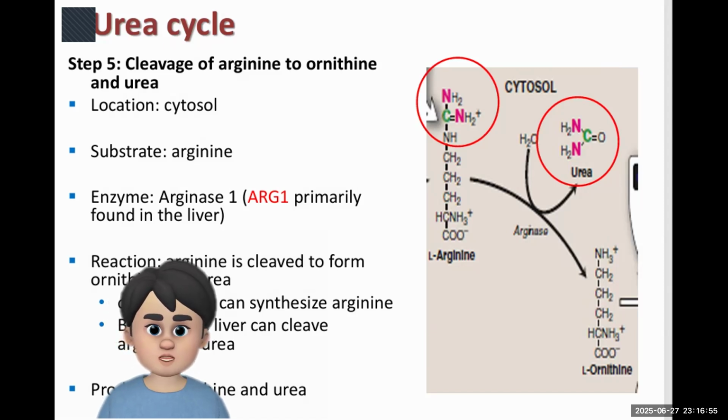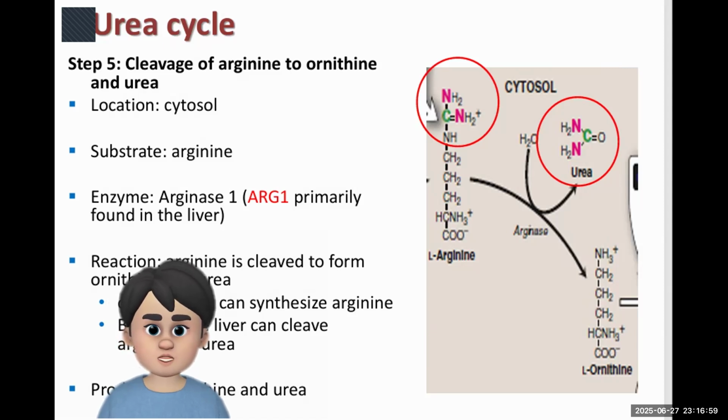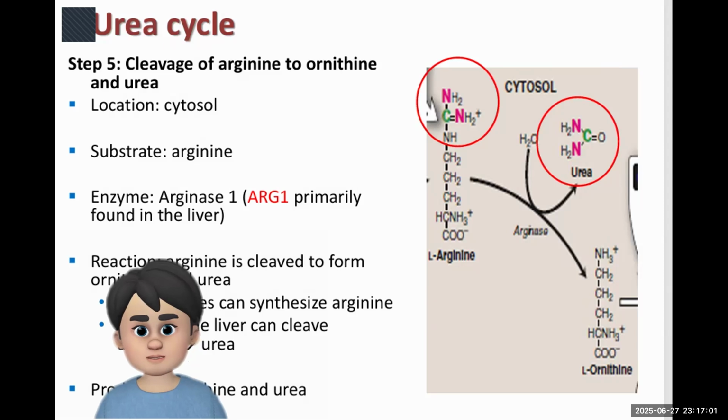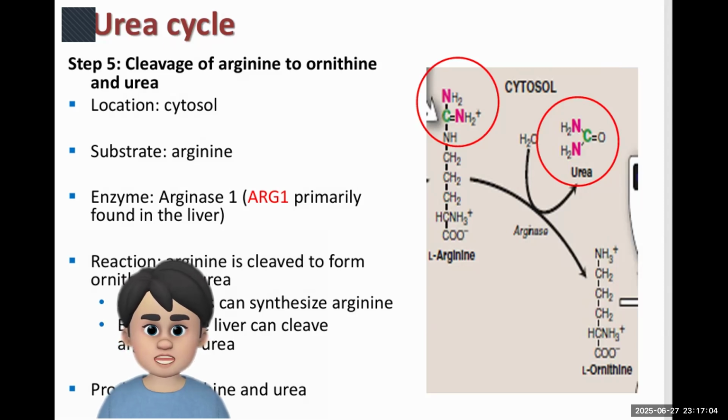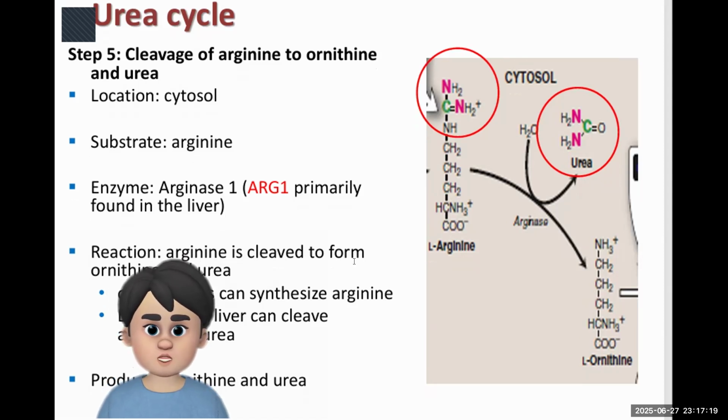In the reaction, arginine is cleaved to form ornithine and urea. Other tissues can synthesize arginine, but only the liver can cleave arginine to urea. So this is important: arginine to urea. Those are the steps.